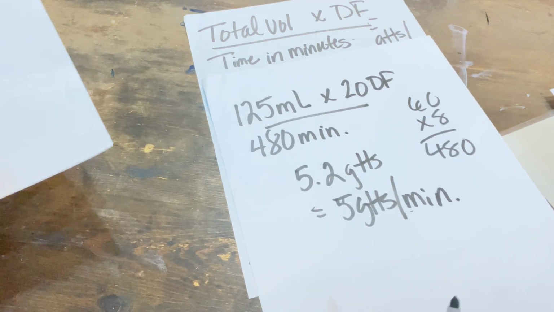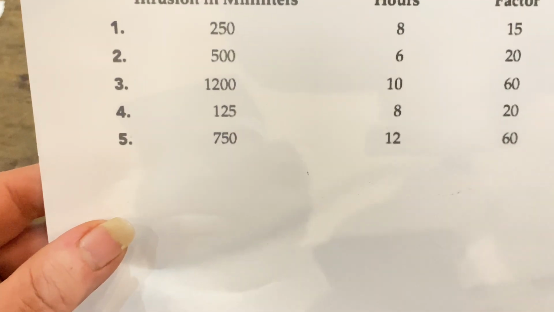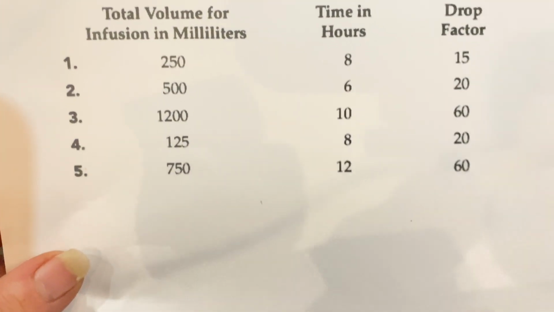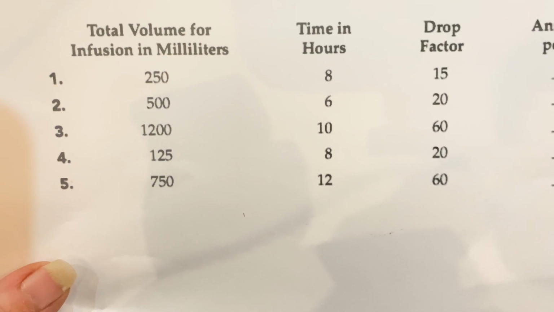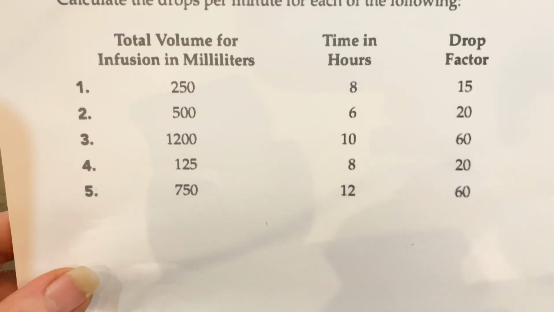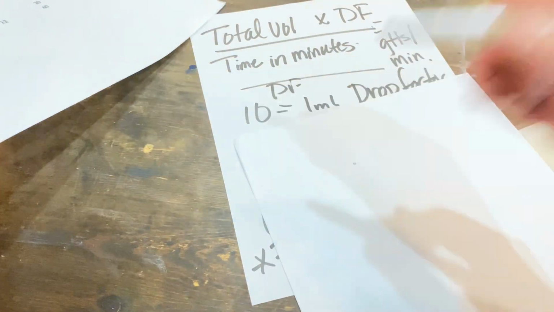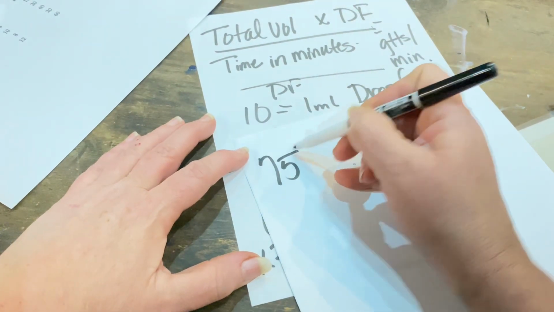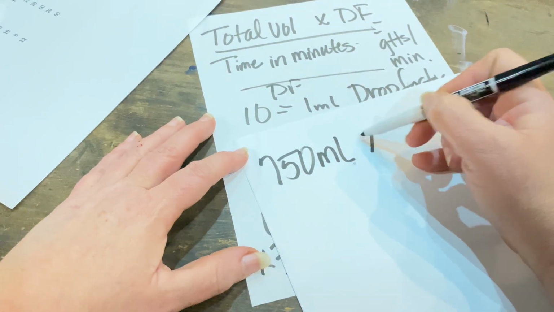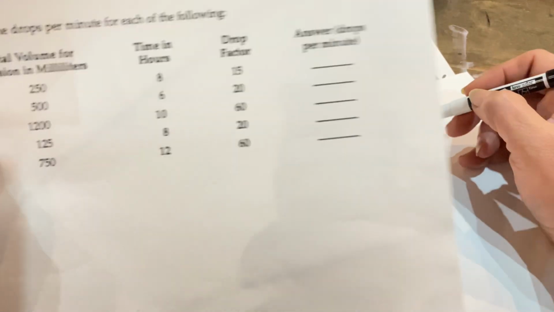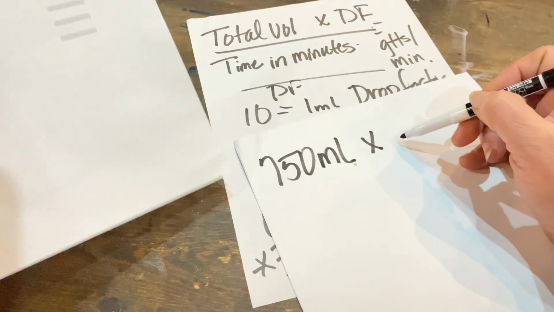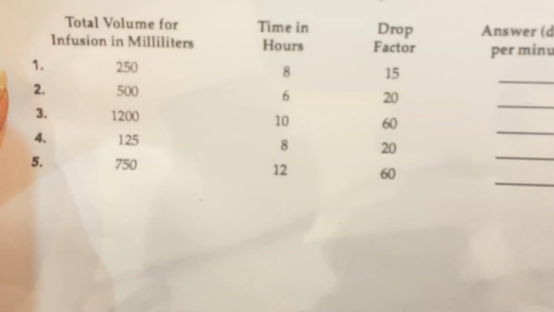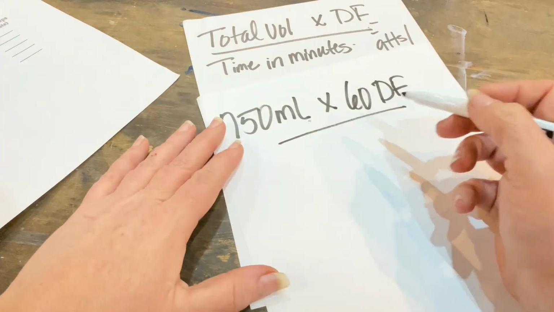Saving lives. Okay, so look at this one. Number 5, you have 750 milliliters going in over 12 hours with a 60 drop factor. So, like a machine, 750 milliliters times a 60 drop factor over 12 hours.